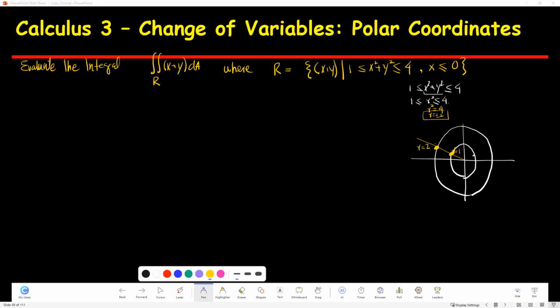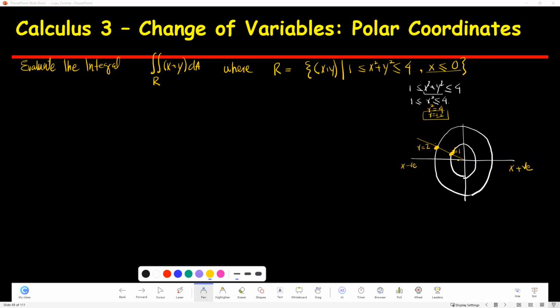That's one condition. Another condition is for x, which is x equals 0, right? So now I'm going to say x is positive here, x is negative here. In this problem, there are conditions given for x, and what is the condition given for x? x should be less than or equal to 0.